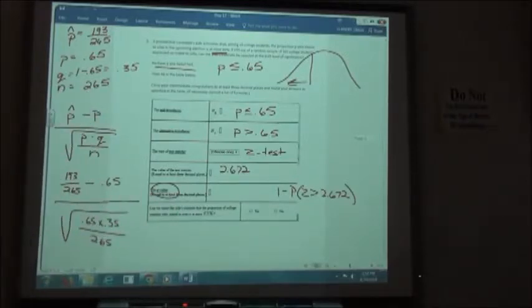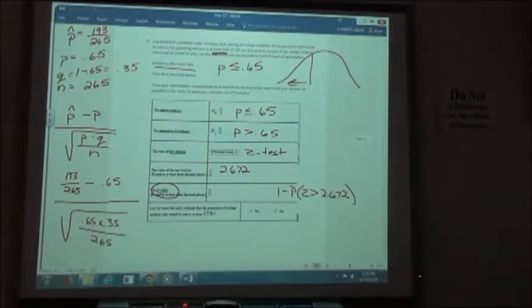Is it this P? This one? 1 minus p of z. Well, yes, it is that one, and we're going to do 1 minus that. 1 minus first, if we want to put it all in at once. Did you get that number already? 1 minus p of z is less than or equal to our test value 2.672, equals, there we go, that's the right number. Did you figure that out?